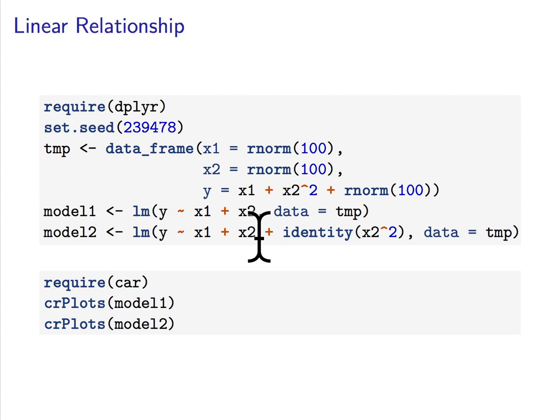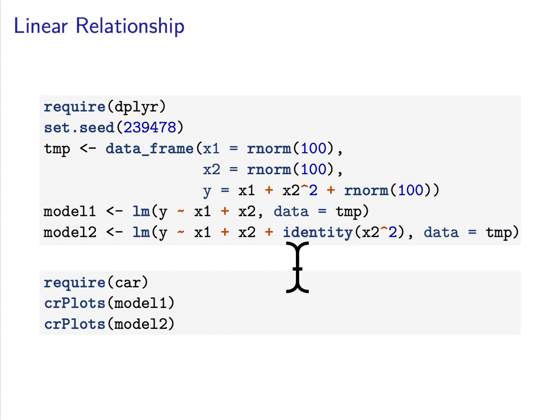In the second model, we're going to include this squared term for x2, and that will fix the problem, because then we'll have a constant value for each of the coefficients in the model, and we'll satisfy that linear relationship.